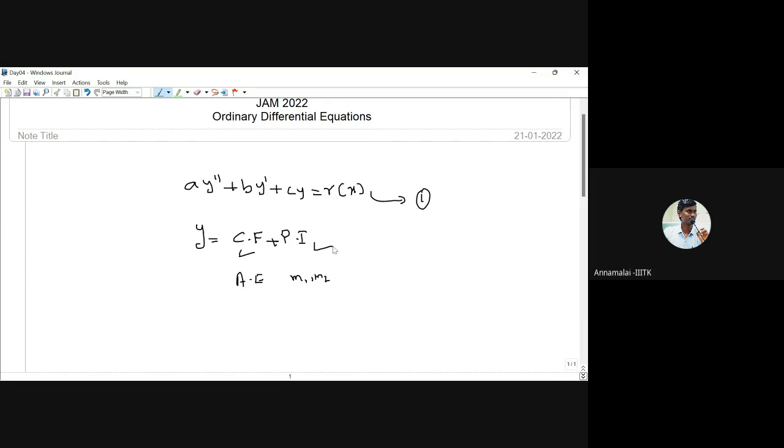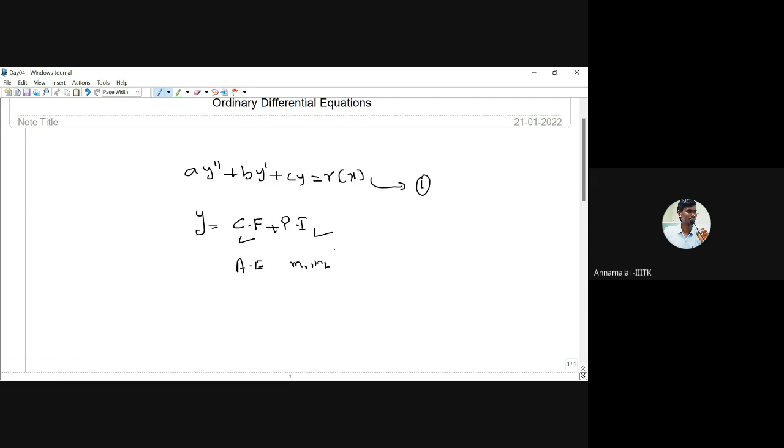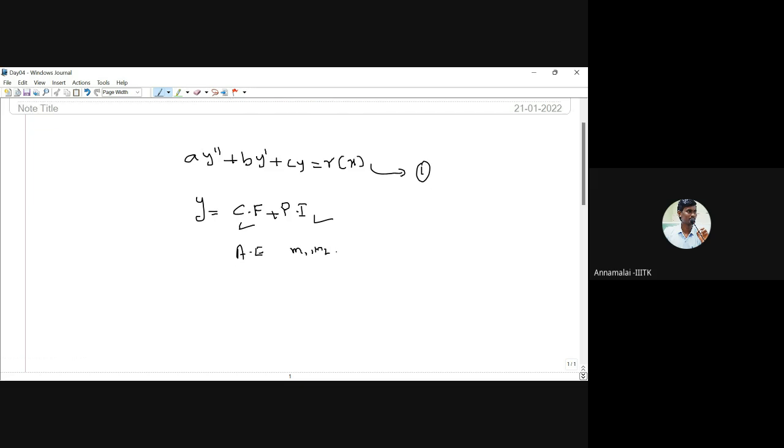Now we are going to recall how to find the particular integral of the function. Therefore, the given equation can be written as f of D times y equal to r of x, where f of D is nothing but the derivative function, that is a D square plus b D plus c.